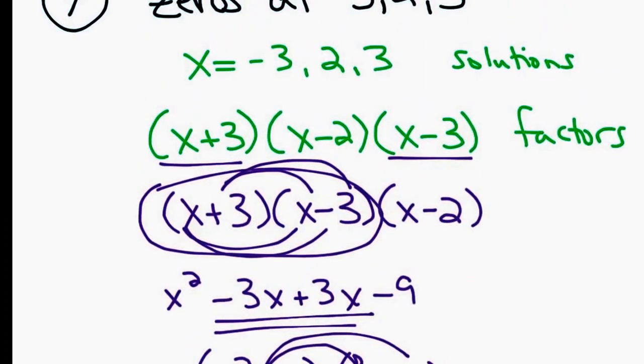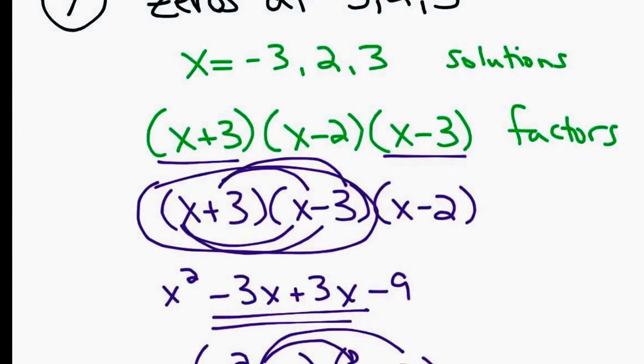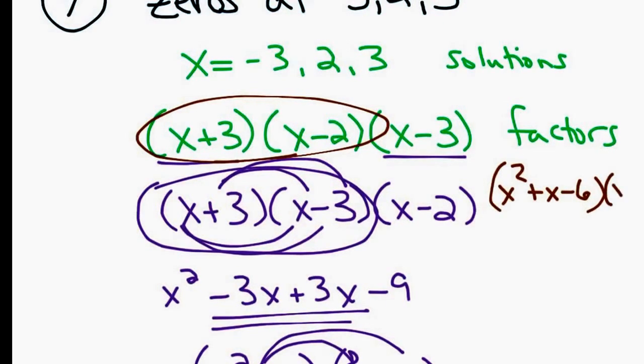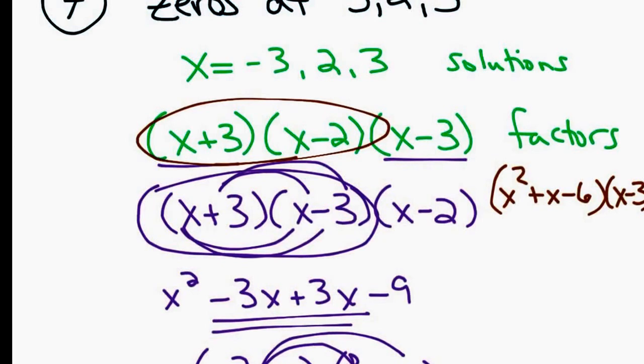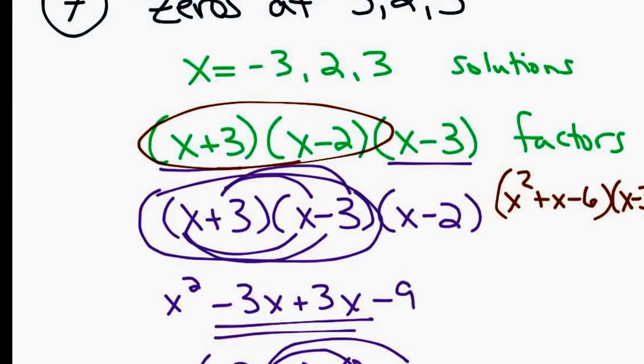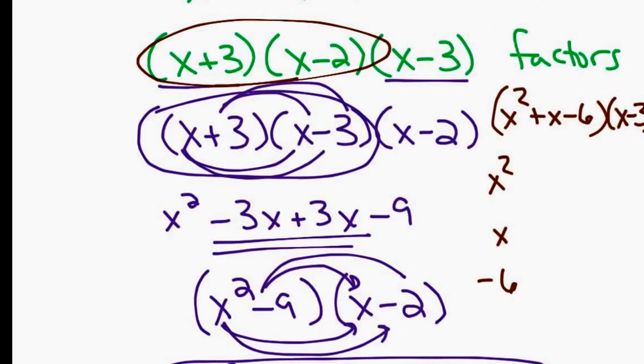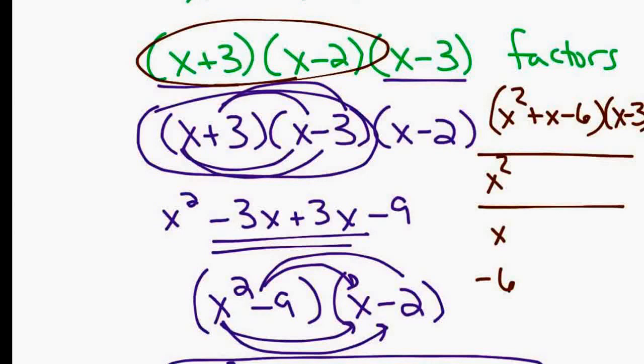If you wanted to leave it in the order it was up here, you could have. You could have multiplied these together first, and you would have gotten x squared plus x minus 6. And then when you went to multiply it by the x plus 3, I would have recommended you use the box method. So x squared, x, and -6 are going to be on one side.